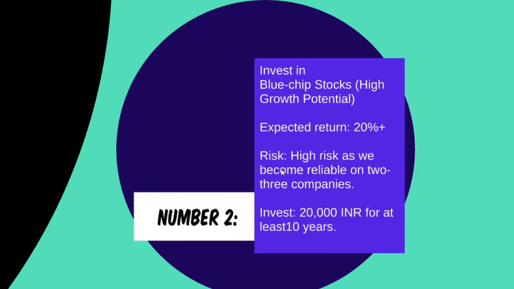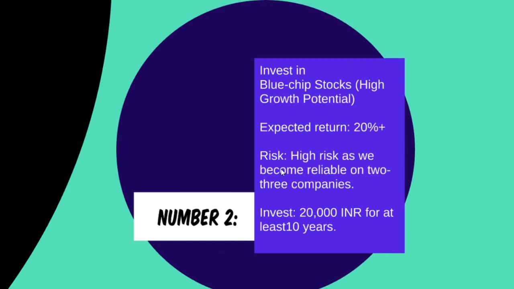Don't invest in more than 4 to 5 companies, because you have only 20,000 rupees. If you have more amount, then you should diversify your stock portfolio, and it contains very high risk. If you invest today, you don't need to look at it for at least 10 years, because we have invested in stocks.